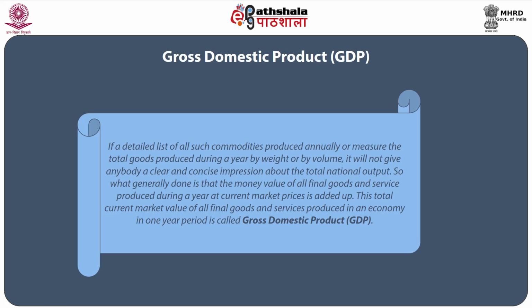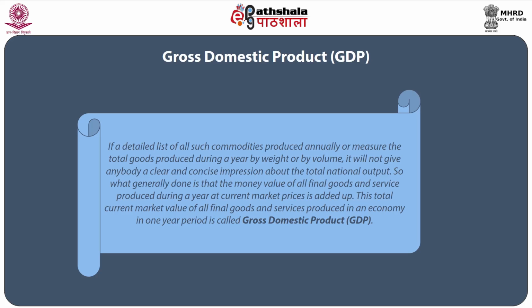If we make a detailed list of all such commodities produced annually, or measure the total goods produced during a year by weight or by volume, it will not give anybody a clear and concise impression about the total national output.